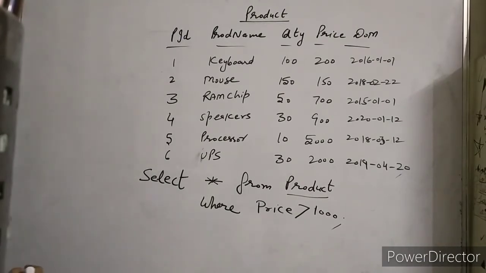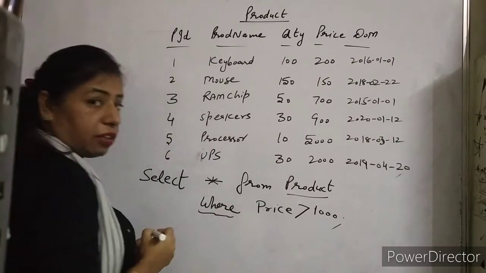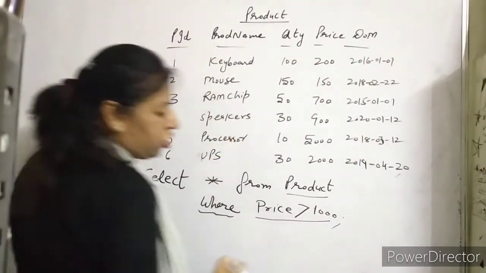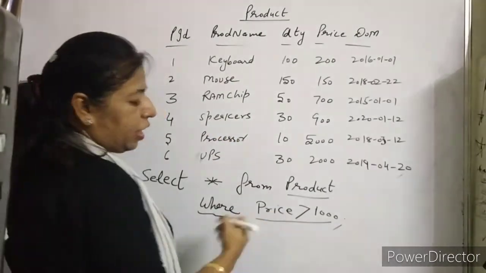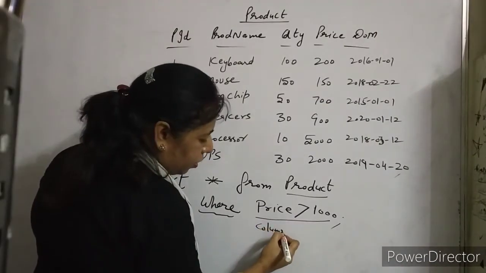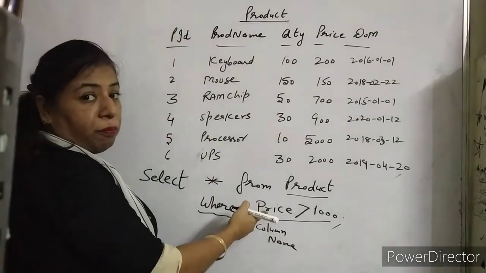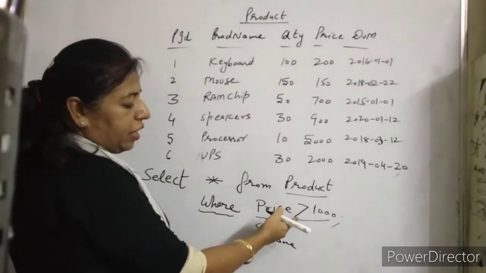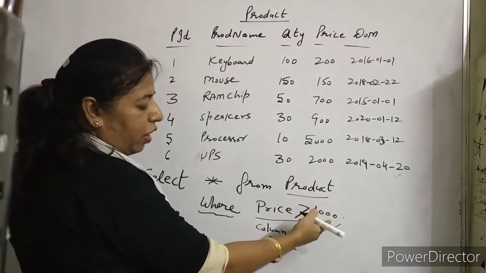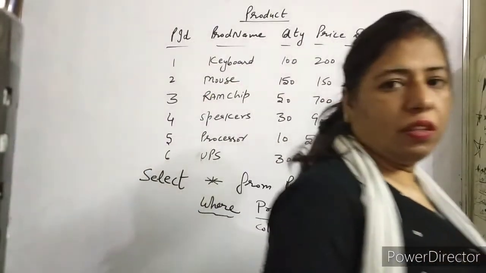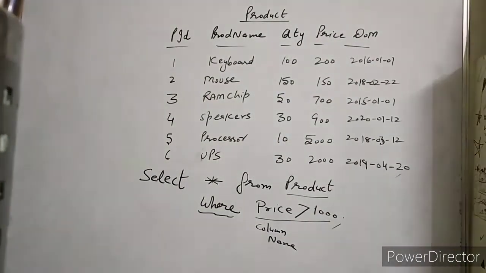Now you can see this where is my conditional clause and this is my condition. For writing the condition, write the column name on which column you want to put the condition. I want to put the condition on the price column. Then write greater than, then the value you want to compare. I am saying price greater than 1000.